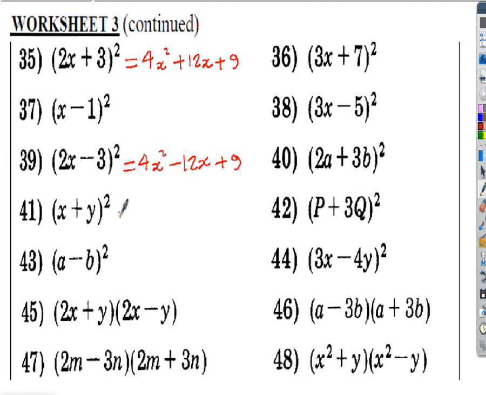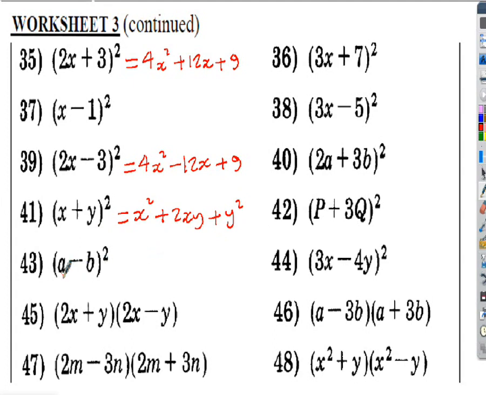Question 41, we have x plus y all squared. So again, following our pattern through, we will have square of the x, so x squared. The second term is twice the product of these two terms, x and y, so x multiplied by y, and that's multiplied by 2, so plus 2xy, and then plus the y squared.